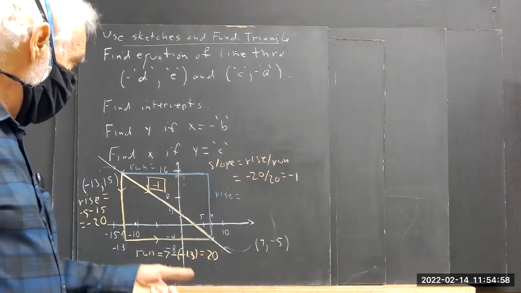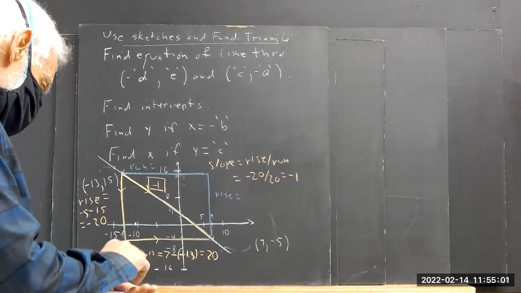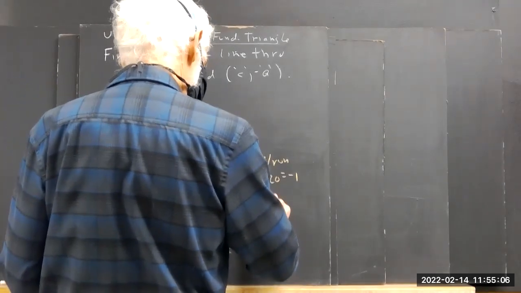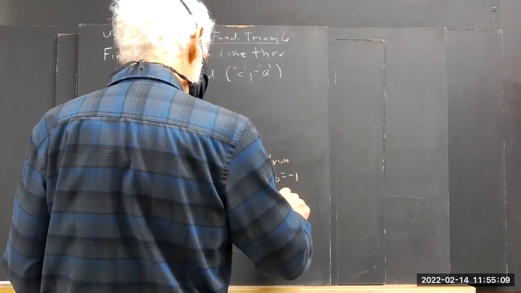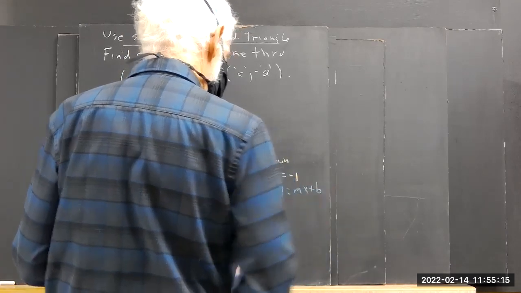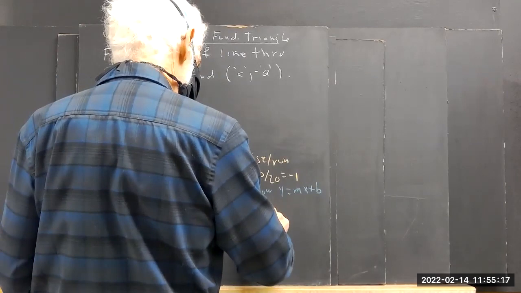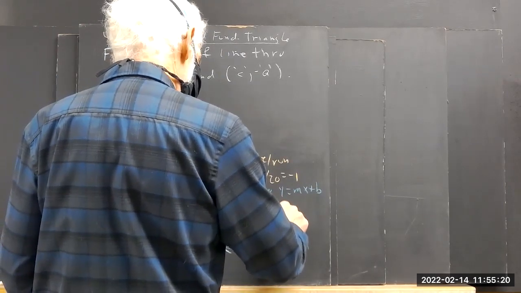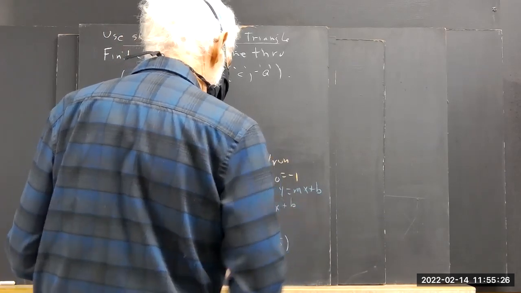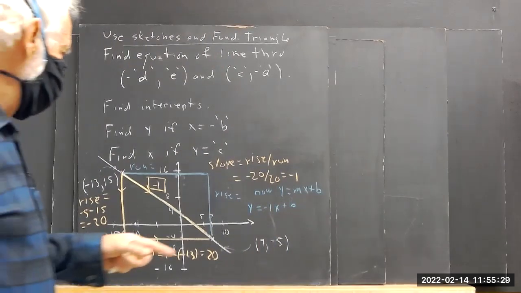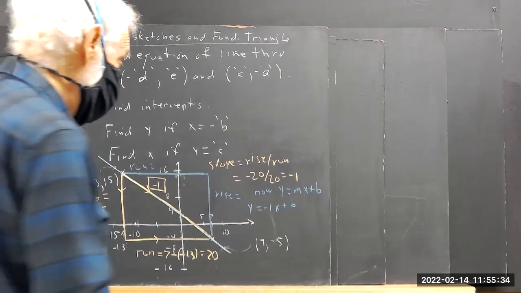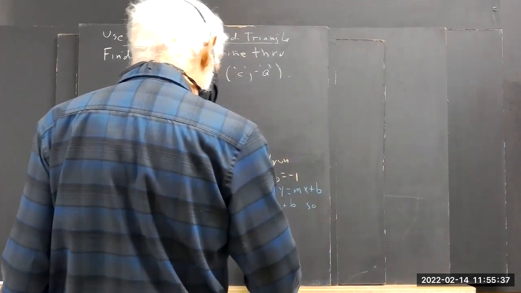We can get the rest of the equation so that y equals mx plus b, which is -1x plus b, and picking either of our points, we'll use 7 and -5, just because the numbers are smaller.